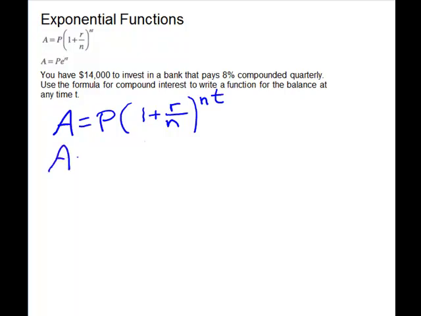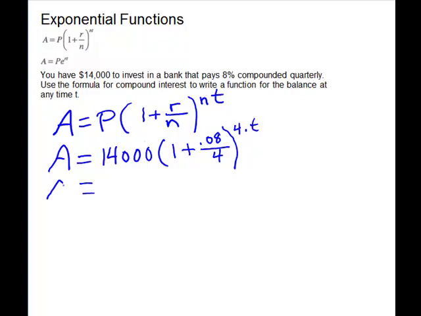So A equals our 14,000, that's going to stay constant, times 1 plus, our rate is 8%, 0.08. Our compounding interval in quarterly is 4, to the 4 times t.